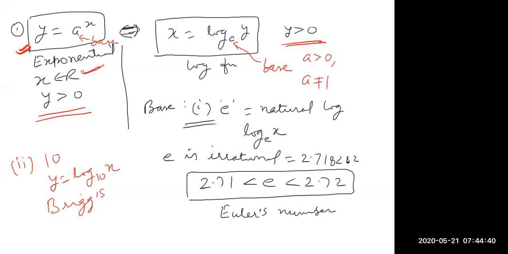This is also known as the common log, or standard log. So whenever a question comes, the base must be very clear. It is not that you can randomly choose any base anytime.